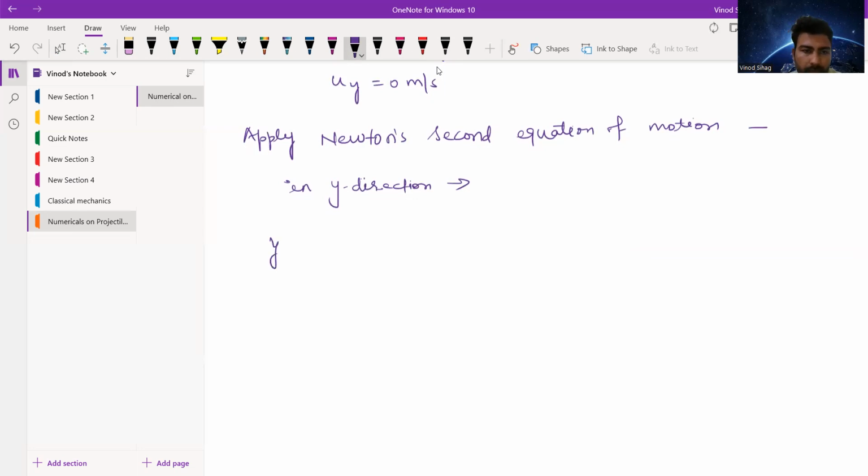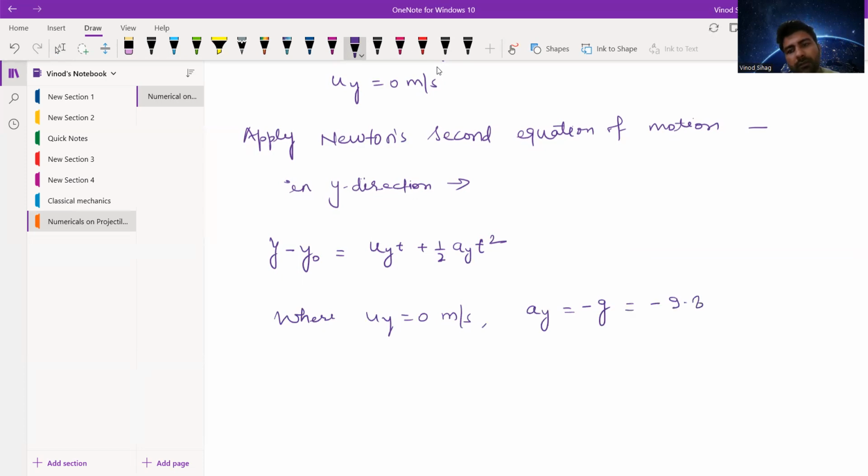It is y minus y naught equals uy t plus half ay t square, where uy is 0, as we can see, and ay is nothing but minus g, or we can say minus 9.8 meter per second square.